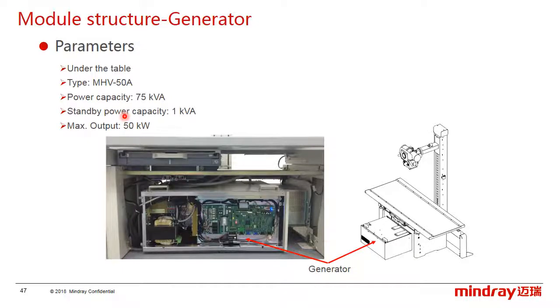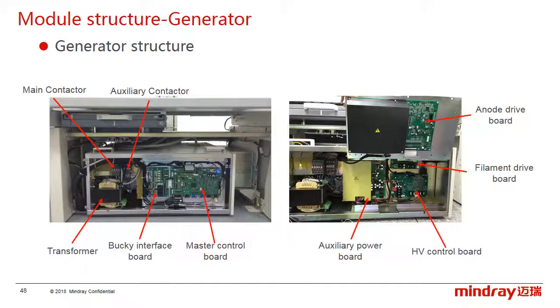The required power capacity is 75 kilovolt-ampere, and the standby mode capacity is 1000 volt-ampere. Inside of the generator, we can see the transformer here, the main contactor, the auxiliary contactor, the bucky interface board, and the master control board.